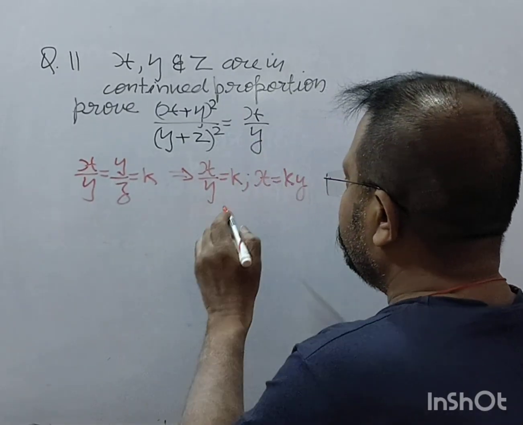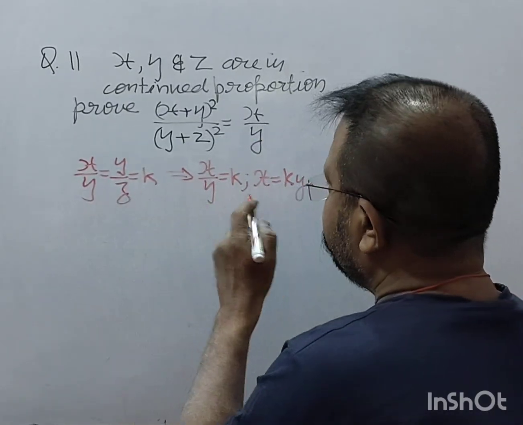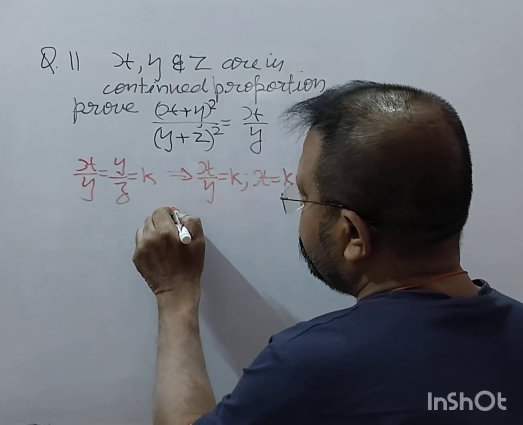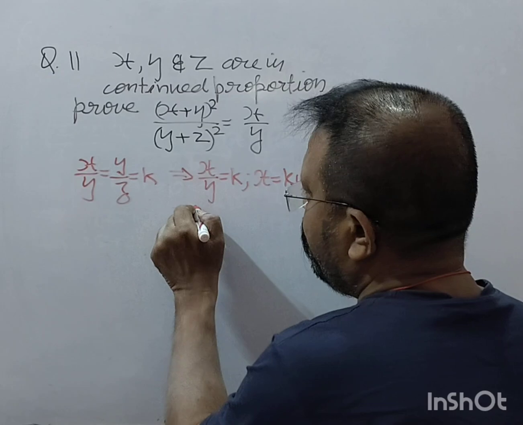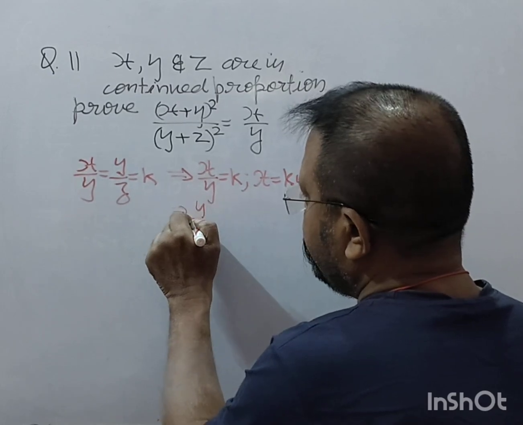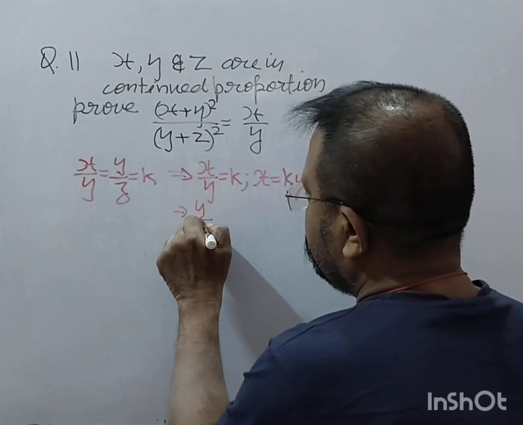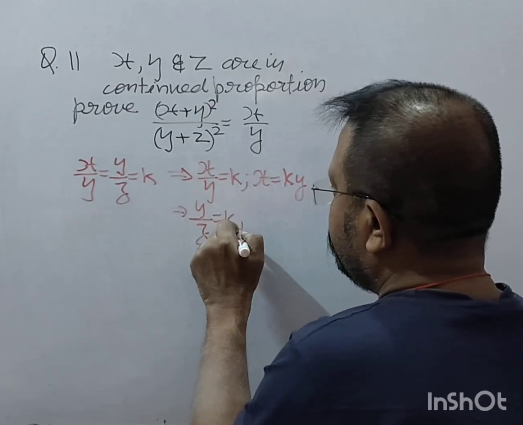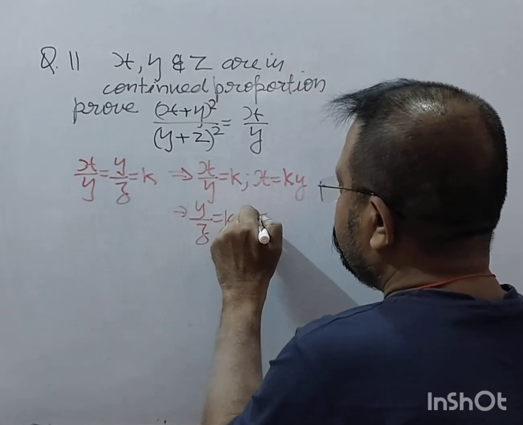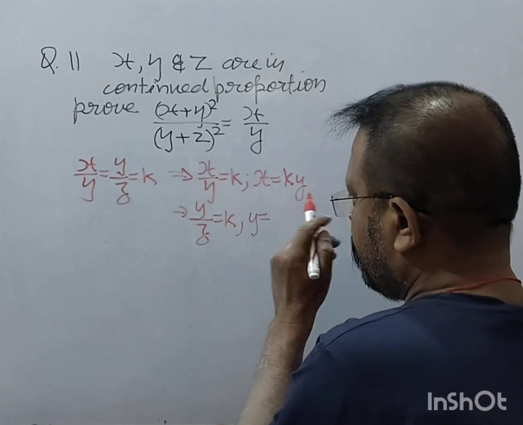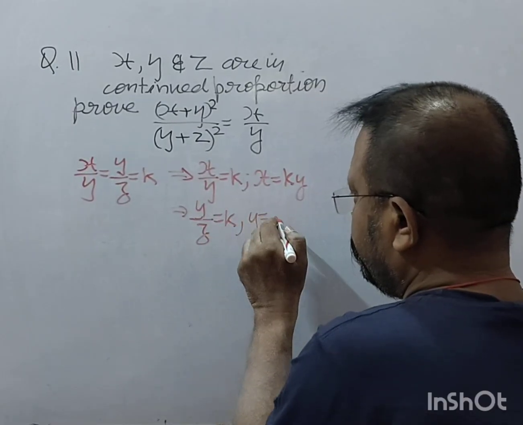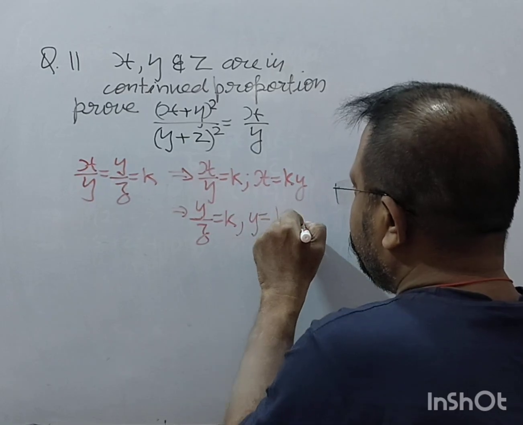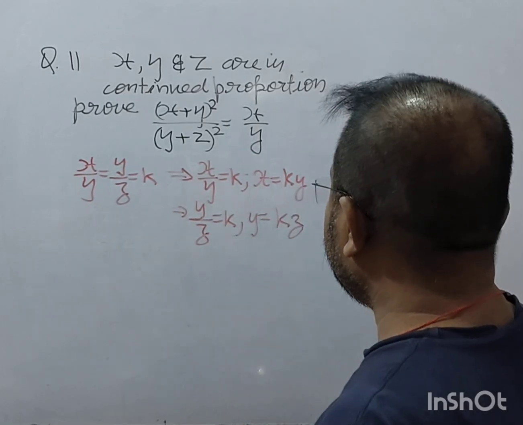And y upon z is equal to k, so y is equal to kz.